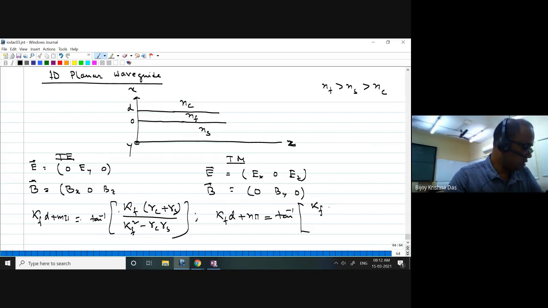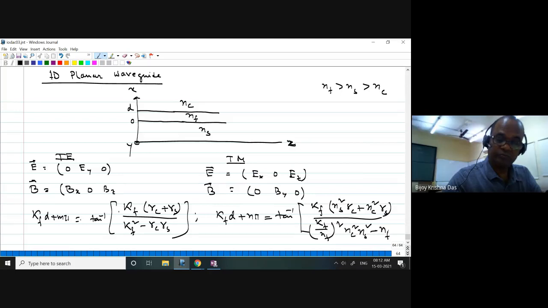I just write the equation directly. It is my own derivation, so you can try also yourself. Ns square gamma C plus Nc square gamma S divided by kappa F, Nf square, Nc square Ns square minus Nf square gamma C gamma S. So this is your TM polarization dispersion relation.